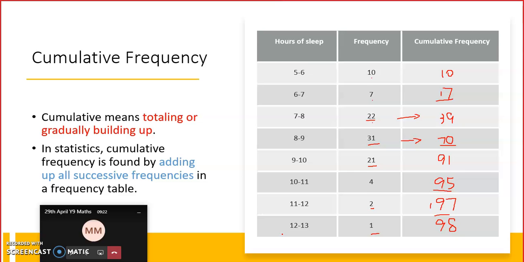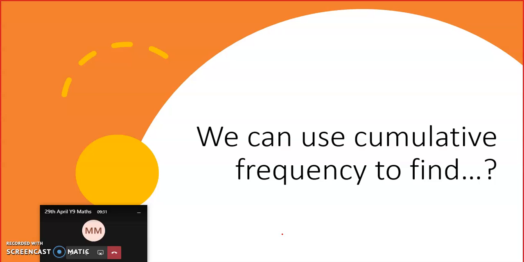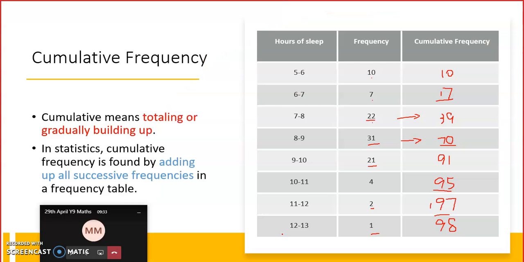Now there's a reason why we work out the cumulative frequency. If we just have the frequency table, instead of the cumulative, what can we find from that? The only thing we can find will be this one, which is our mode, because if we look at that, we'll see that 31 is the largest number among all frequencies. So this one is basically our mode, which means the thing that appears most often.